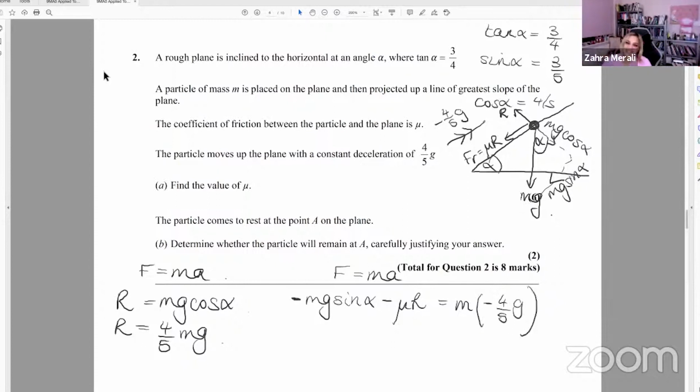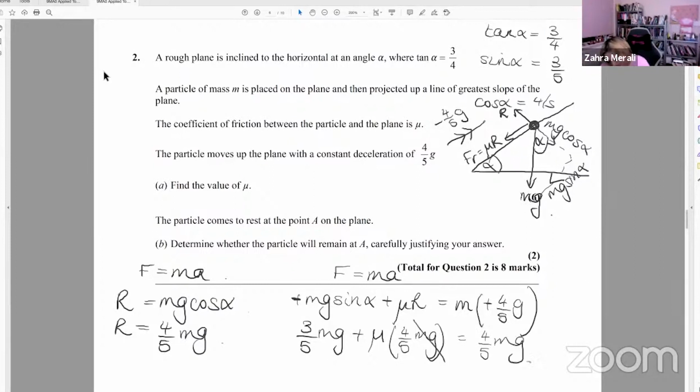So everything is a negative. We can just make them all positives, makes life a bit easier. And sine alpha is 3/5, so we get 3/5 mg plus mu, and we know that R is 4/5 mg, and that equals 4/5 mg.